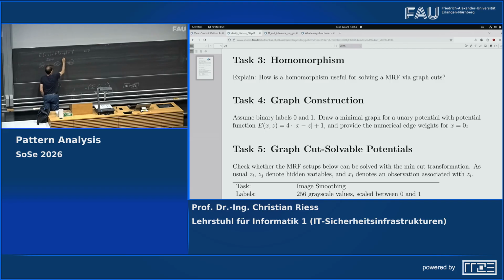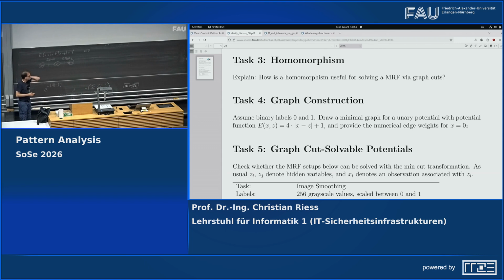And the cost associated with a cut here would be the cost for having a 0 here and having a 0 assigned to z. So E00. We can evaluate the function. It's 5 and 1.